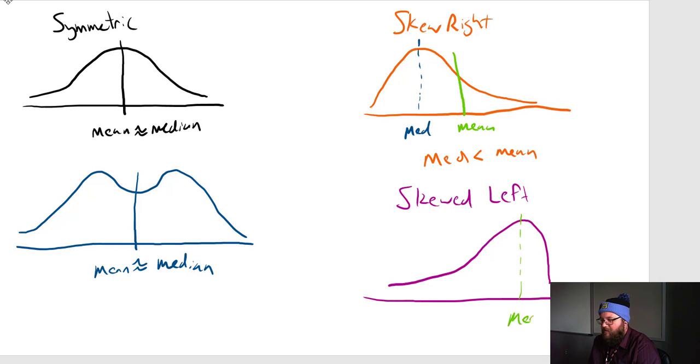It's a higher value. However, your mean is going to be pulled lower because you have these lower number values over here, right? So you got your mean, in which case we're simply saying that your median will be greater than your mean. Horrible greater than sign, I'm going to fix that real quick.